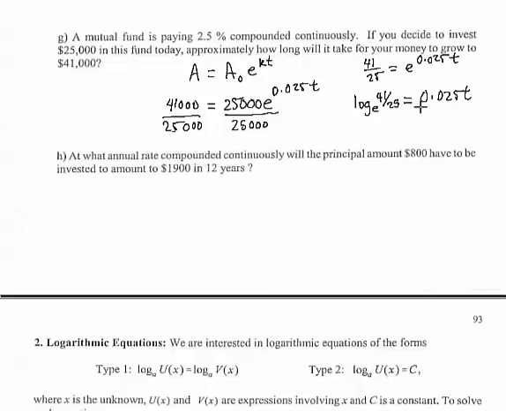And then to solve for t, all we have to do is divide both sides by 0.025. So, in the end, this is our exact solution. The 0.025 canceled on the right, and so we would just simply be left with a t on the right side.